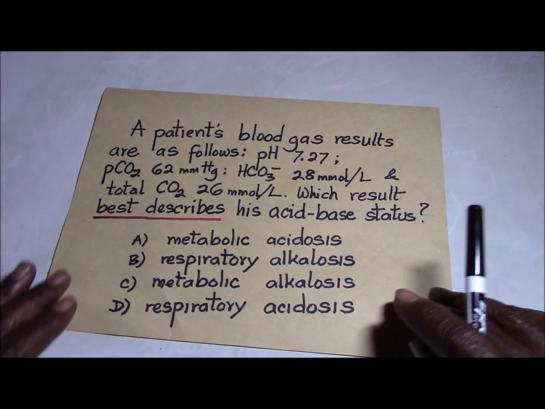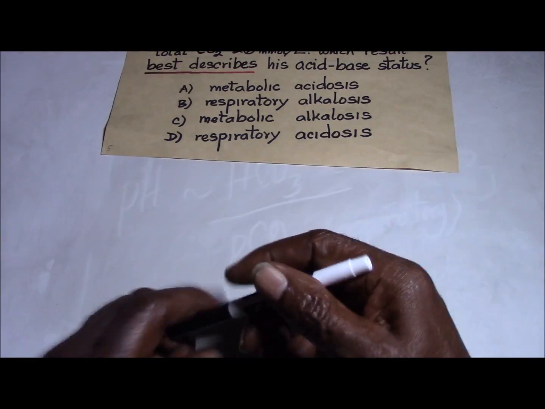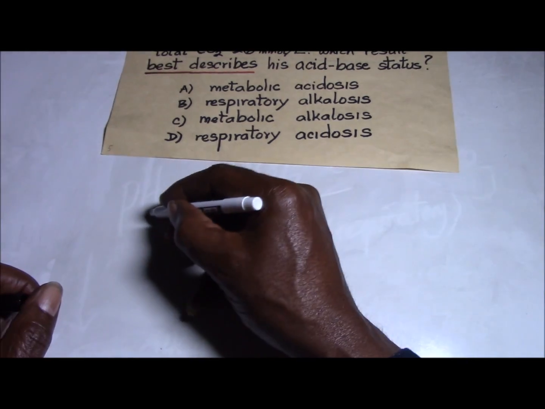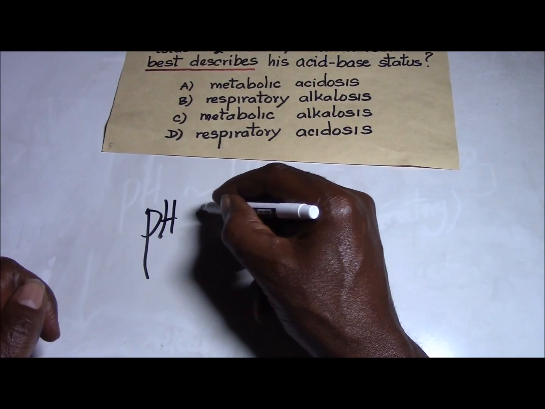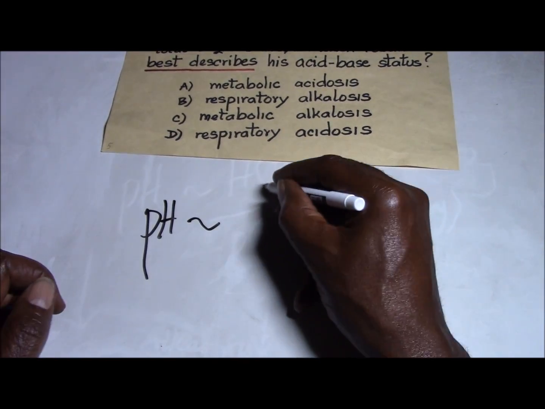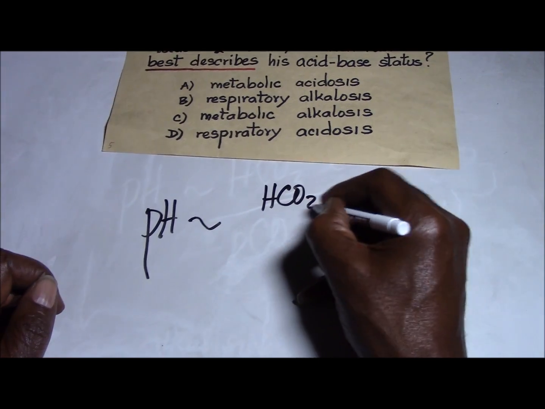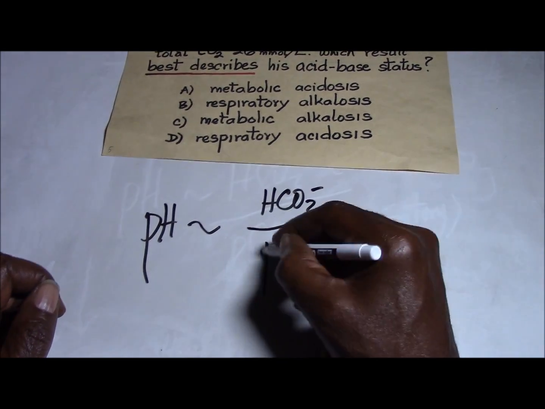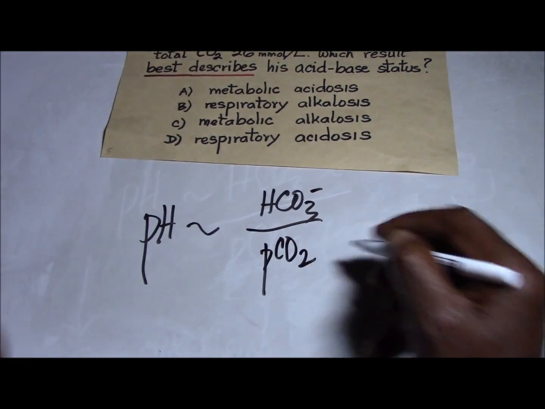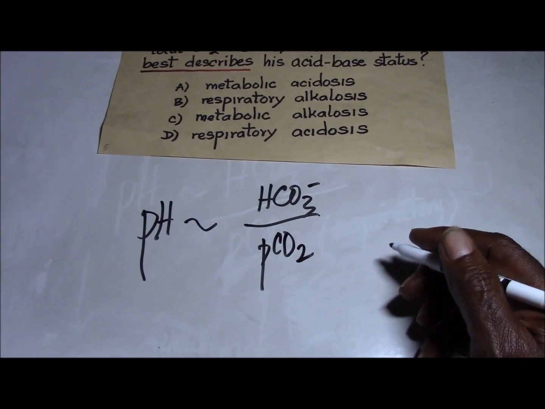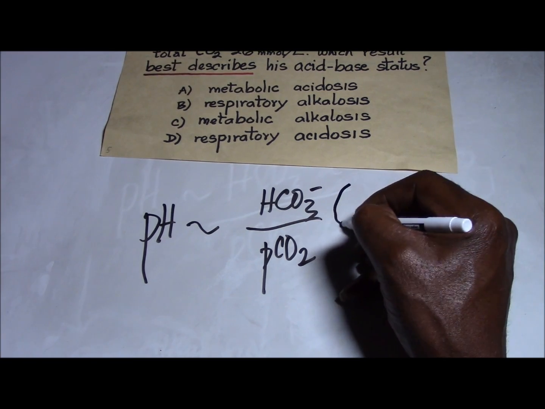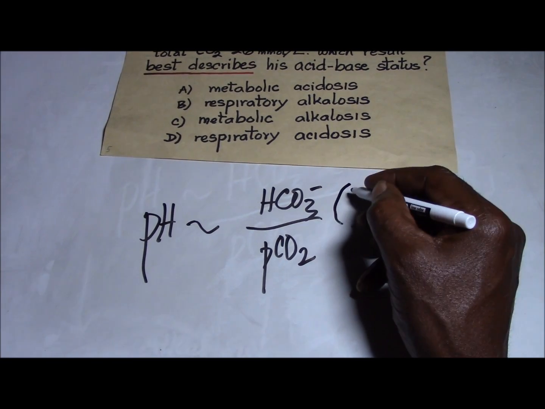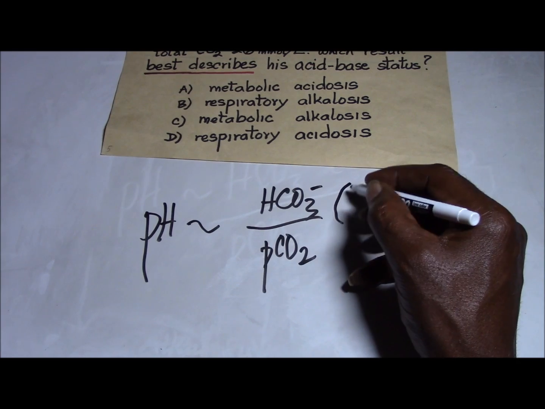So here we go. Let's try to attempt this question. What you need to do is to put up this ratio here, bicarbonate ion, and then the partial pressure of carbon dioxide. Okay? Now, the information we have says that the bicarbonate ion is 28 millimoles.